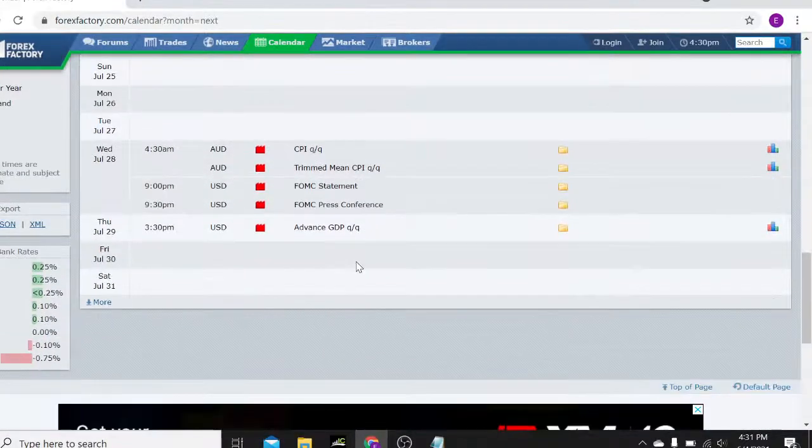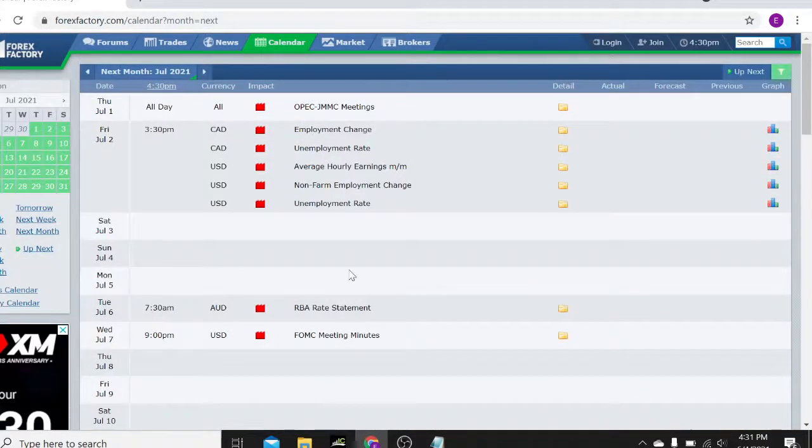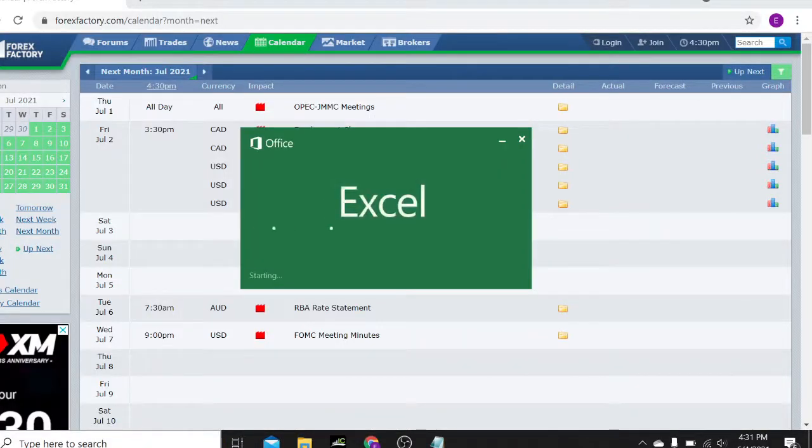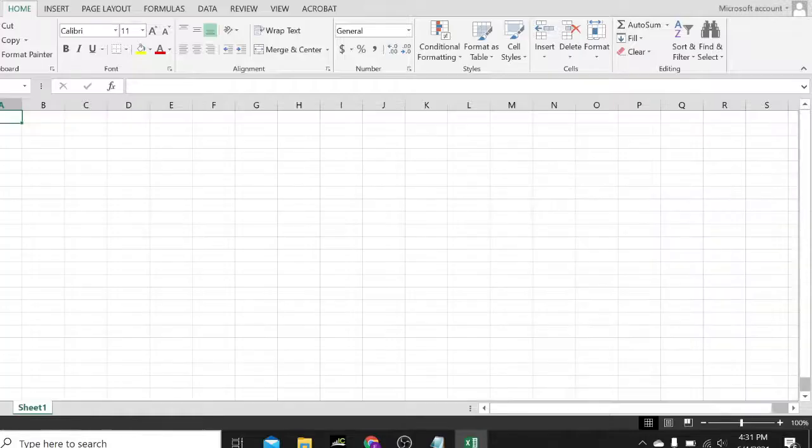Let me look for another trade. So we have 3 trades next month. So if I'm trying to risk 50k, an equity of 50k, $500, and I'm risking $100 per trade.